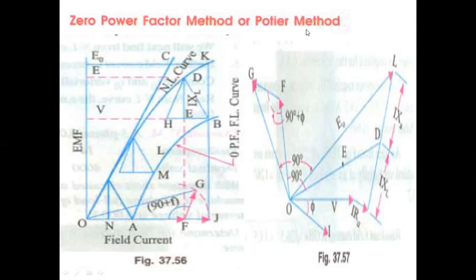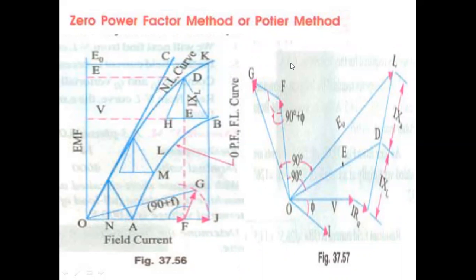For the experiment, first is the no load curve, the OCC as usual, and the full load zero power factor curve. This is not the short circuit characteristic, but the full load zero power factor curve. It is also called the wattless load characteristic curve.